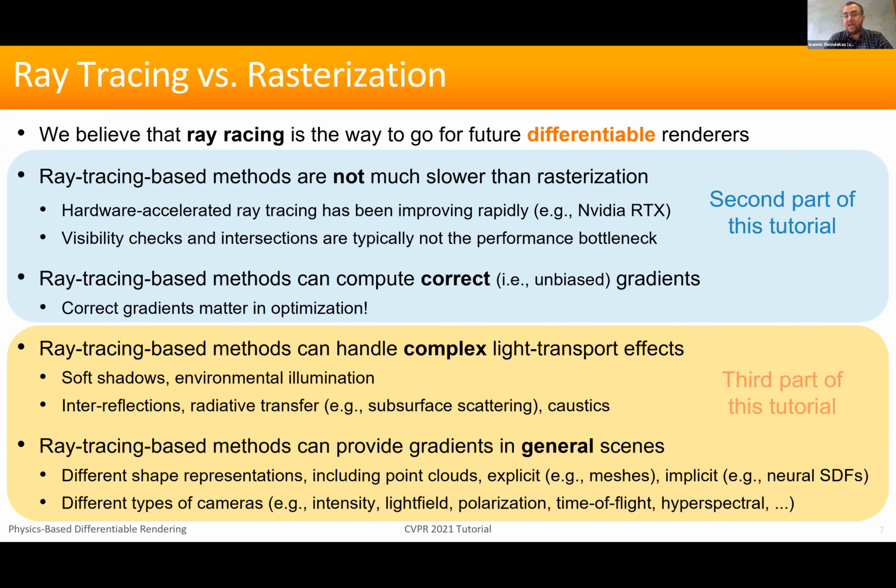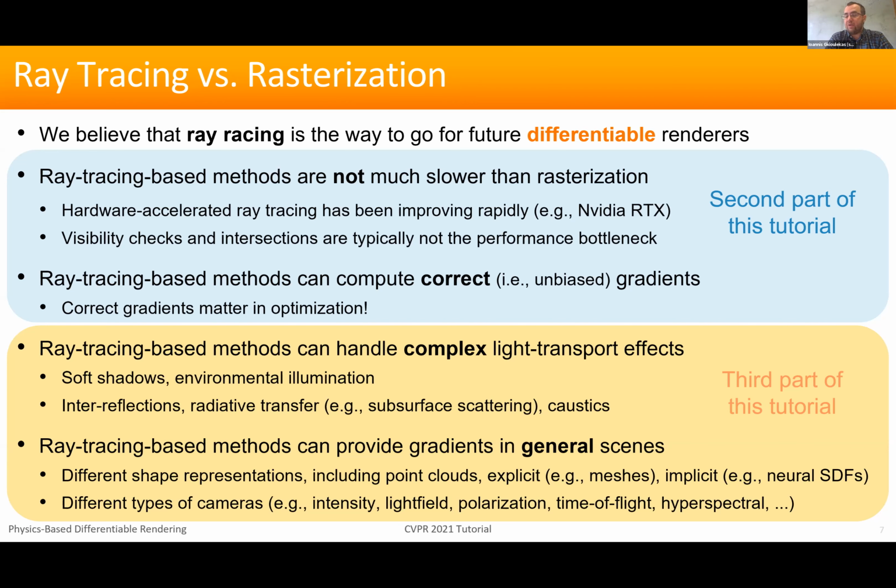But as ray tracing has become faster and faster, both forward rendering and even more so differentiable rendering has actually become competitive with rasterization. In fact, an important thing is that in differentiable rendering, very often it's not necessary for us to render a derivative image that is perfect.